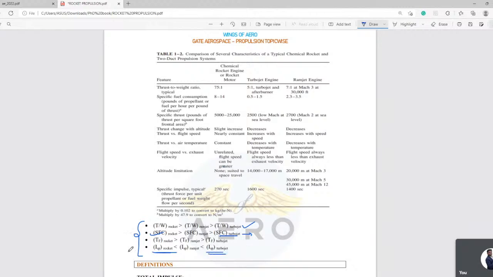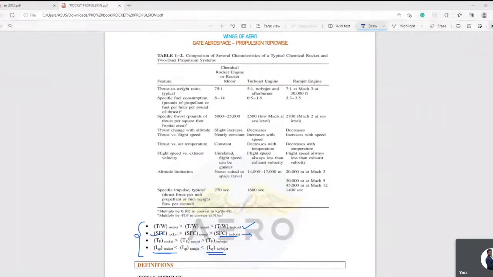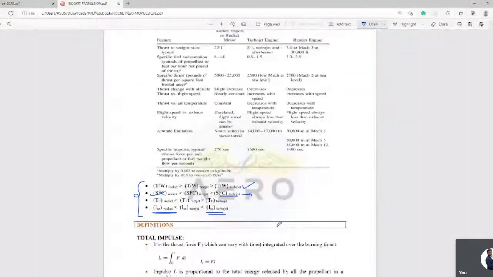Such comparisons of performance parameters for different engines are expected, and it is very common in the GATE exam. So if you're planning for the last moment, please do prepare likewise.